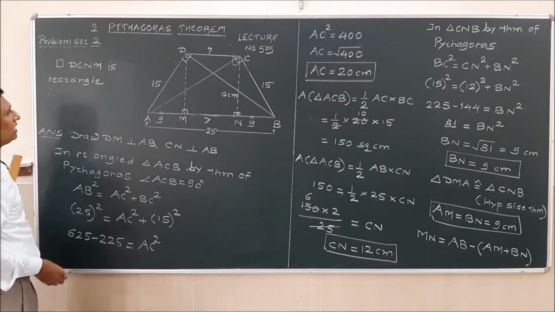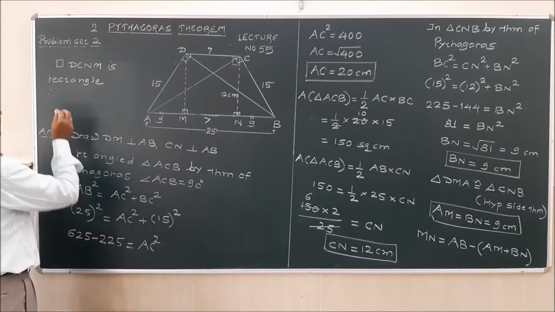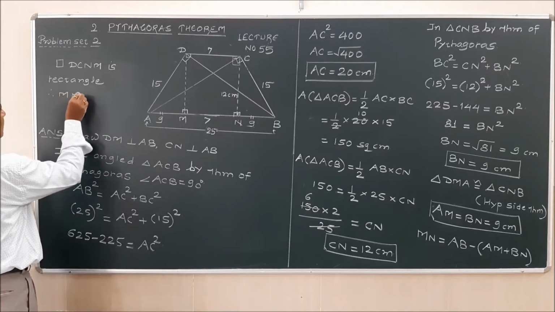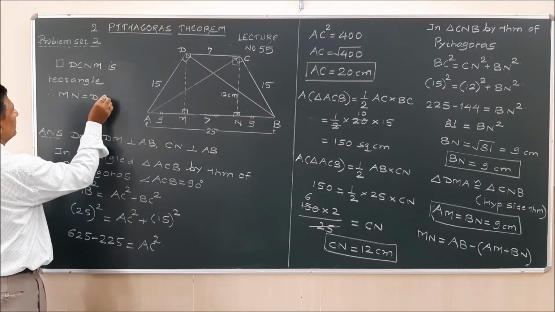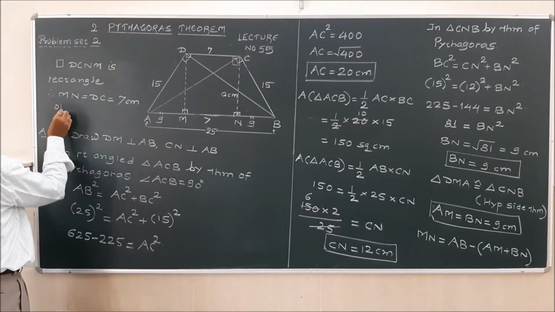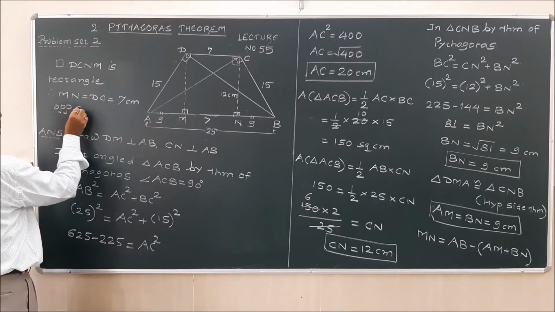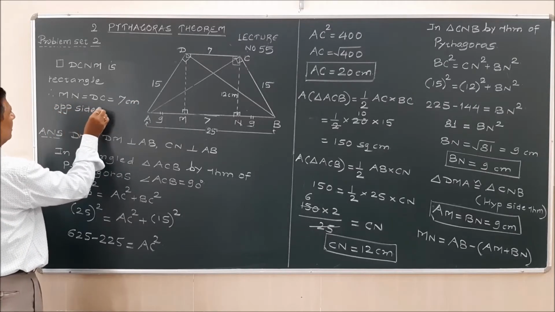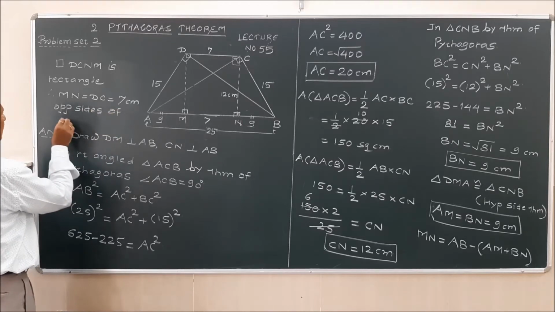Therefore, if it is a rectangle, we will be getting MN is equal to DC, that is equal to 7, opposite sides of a rectangle.